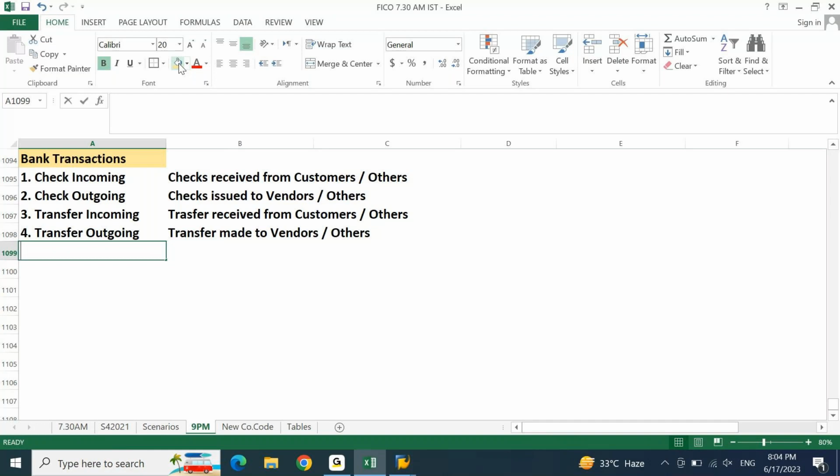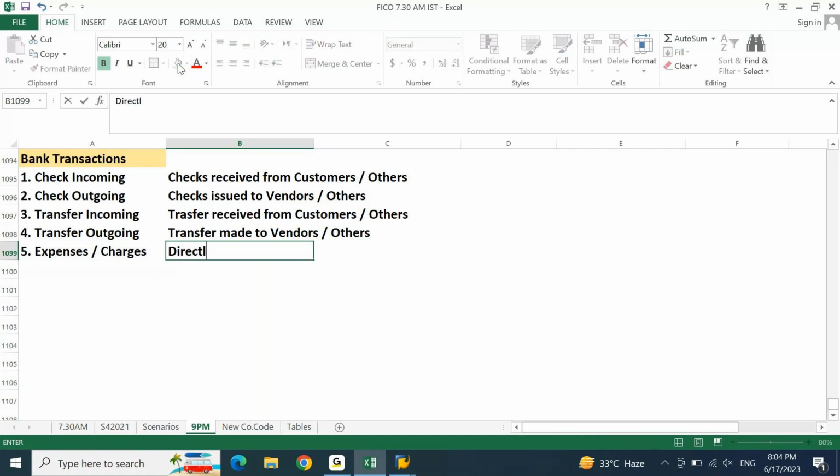Next, point number 5, expenses, charges. These are directly charged by banks. Expenses or charges are directly charged by the bank.